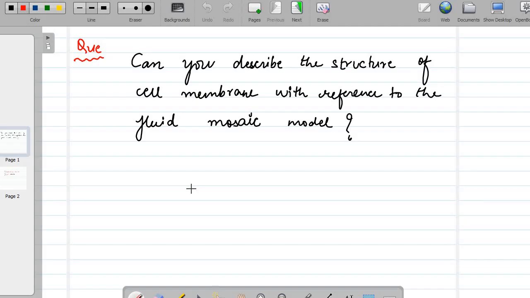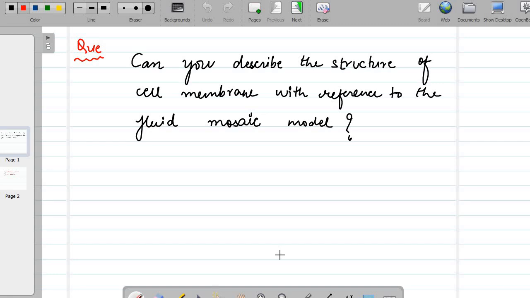So I hope now you can write down the answer for the same. Can you describe the structure of the cell membrane with reference to the fluid mosaic model? First of all, you need to write down the components. According to the components, you need to write down their functions.